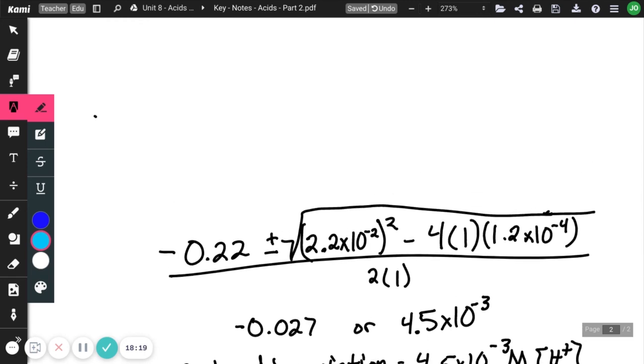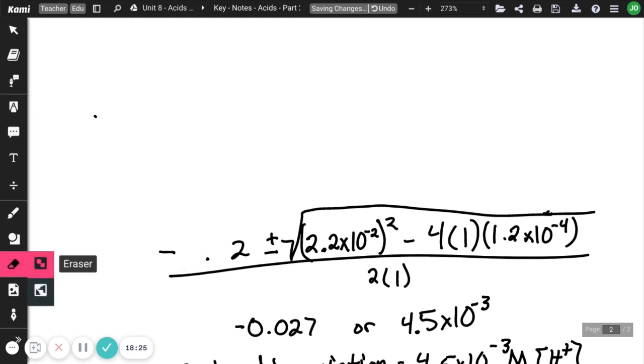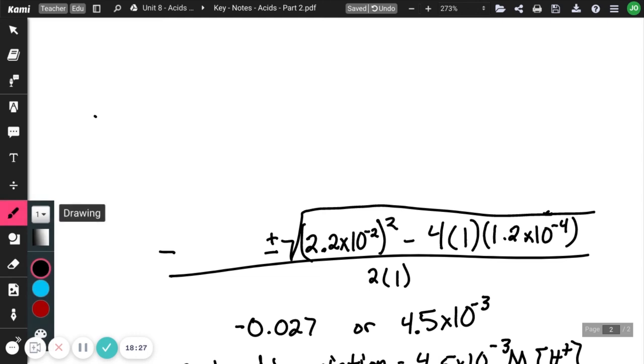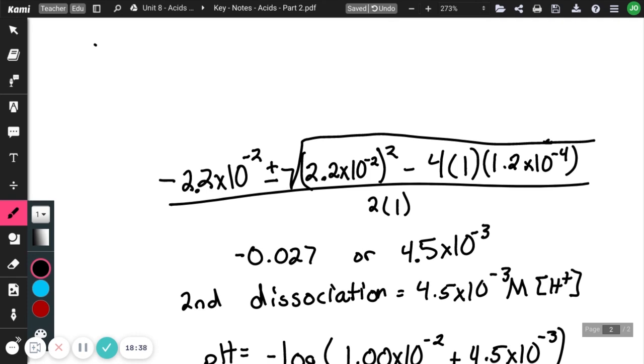And I used 0.22, or sorry, it shouldn't be 0.22. This needs to be erased. It should be 2.2 times 10 to the negative 2, right there. And then we did plus or minus, and we got this right here.